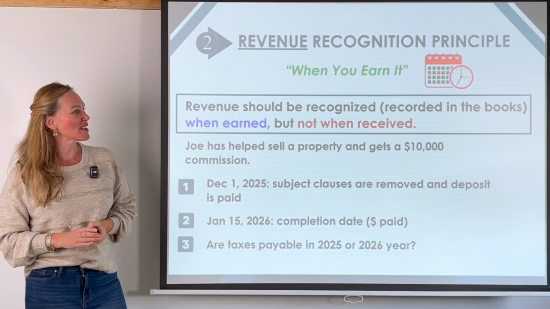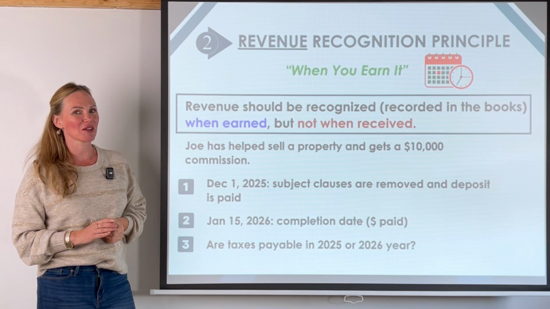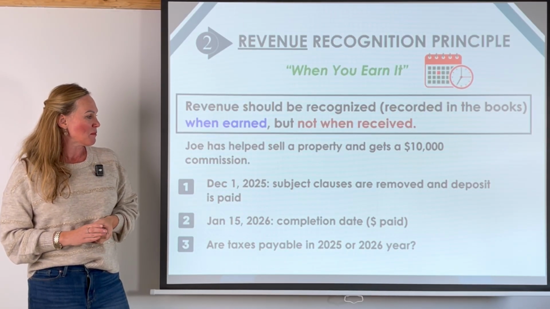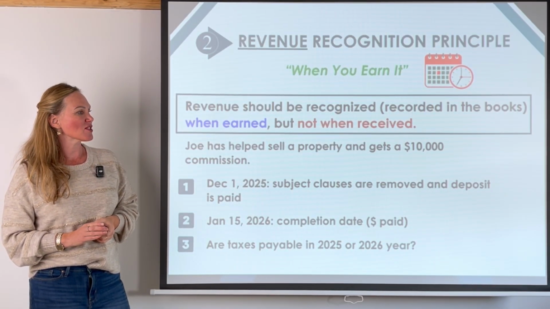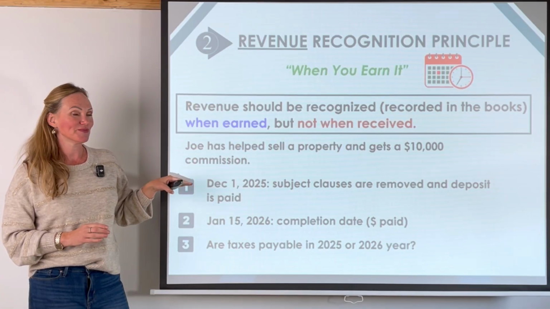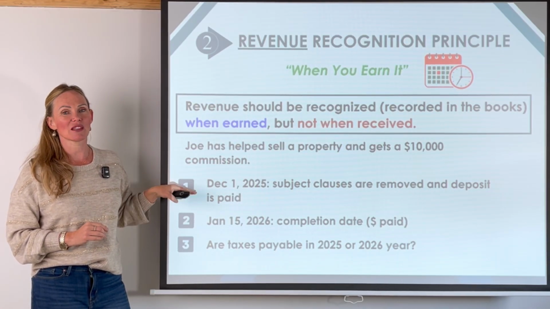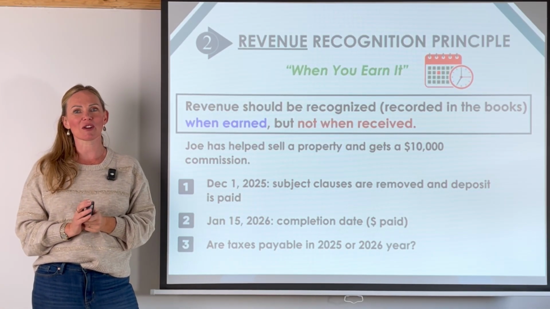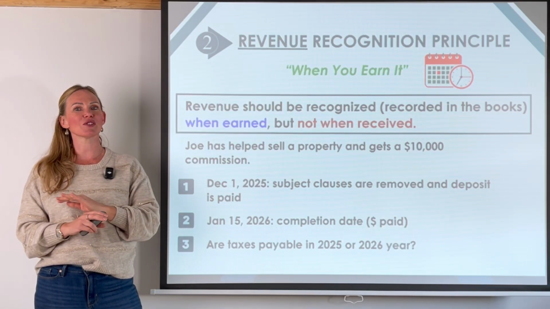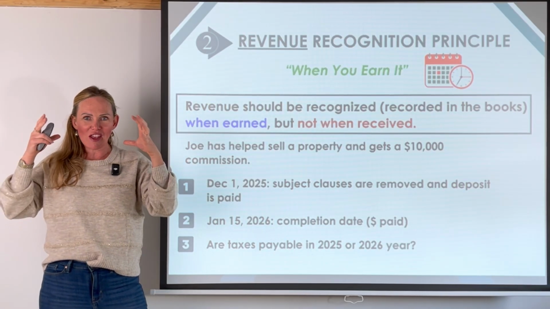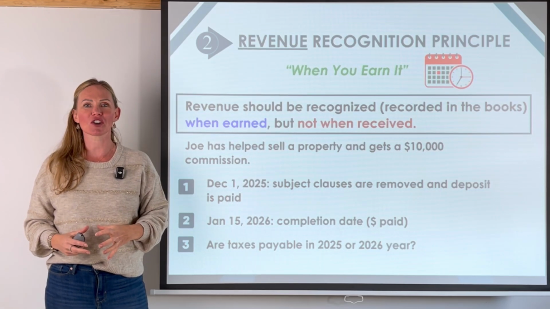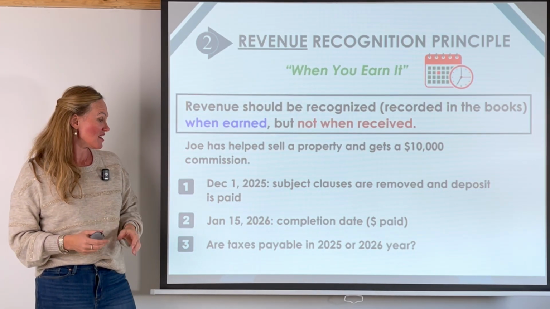So if you help sell a property and get a $10,000 commission, on December 1st, 2025, subject clauses are removed and the deposit is paid. This is what we go celebrate. In real estate, we always celebrate when they give us the deposit and remove the subject. We know this is where we earned our money. Isn't that crazy?